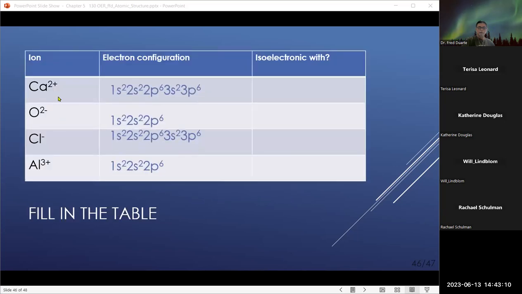All right, here we have the cation, calcium +2, and then we got oxide, chloride, and the aluminum. There's the corresponding electron configuration of the ions, be it a cation or anion.